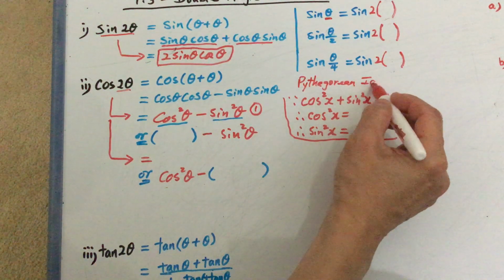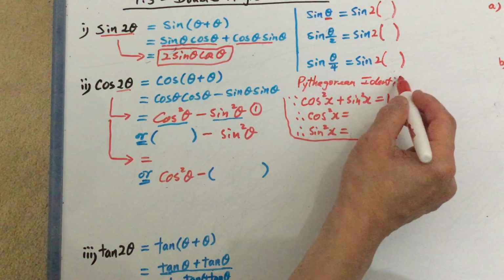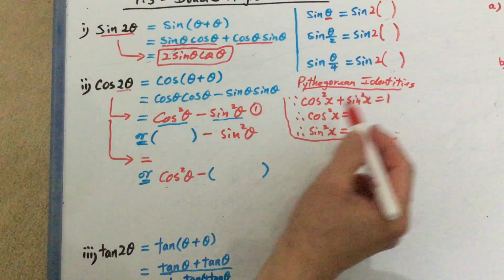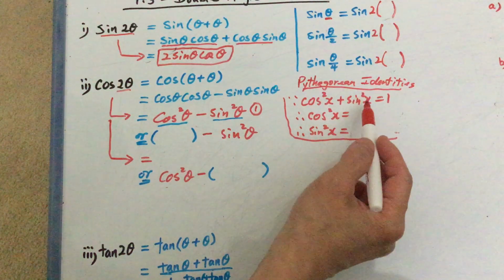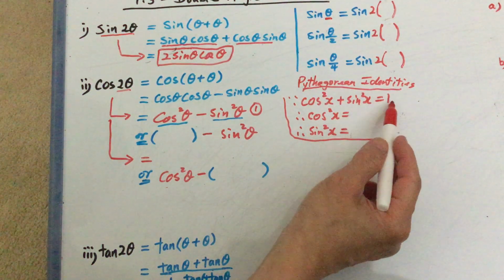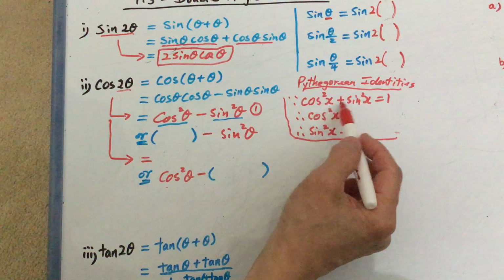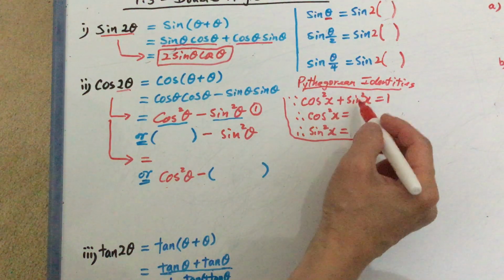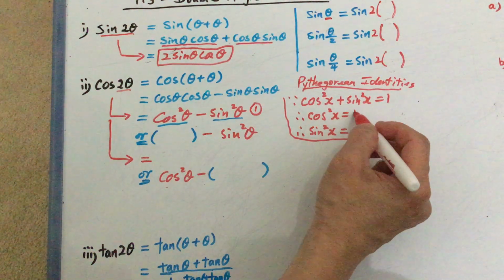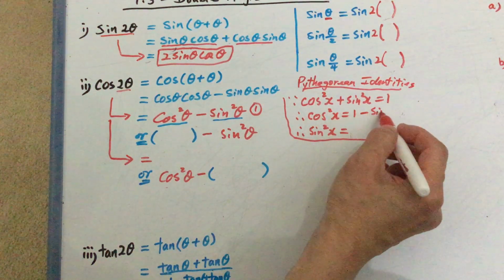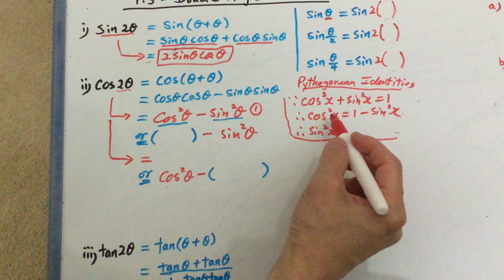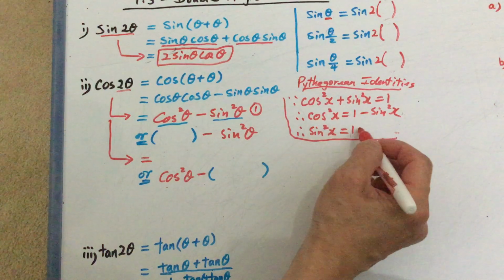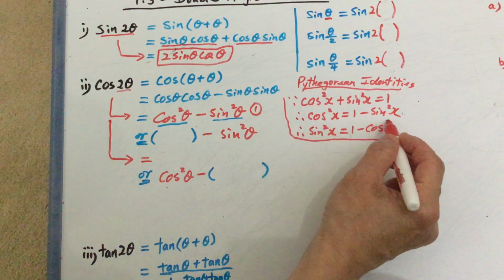What the Pythagorean identity says is that cos squared x plus sine squared x always gives 1. Because of that, I can solve for cos squared x by bringing the sine squared x over, so it becomes 1 minus sine squared x. Or I can solve for sine squared x by bringing the cos squared x over, so now I have 1 minus cos squared x.